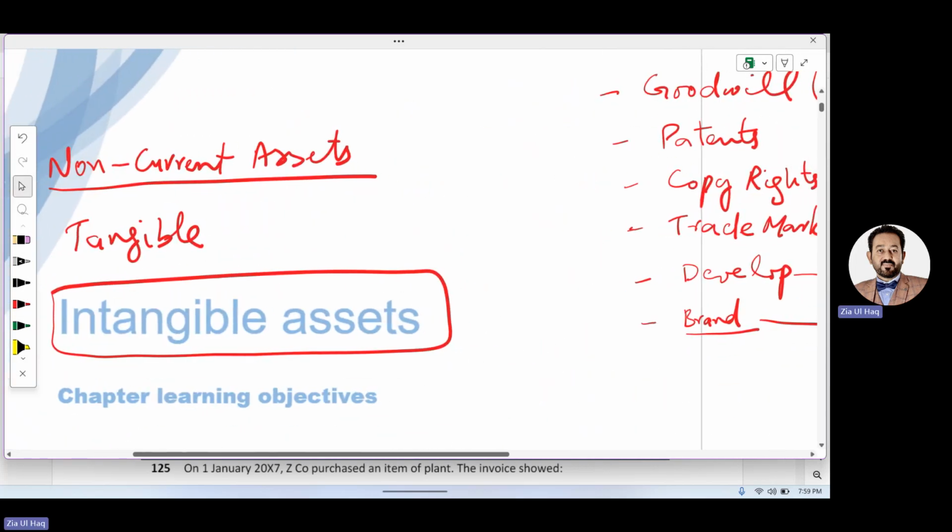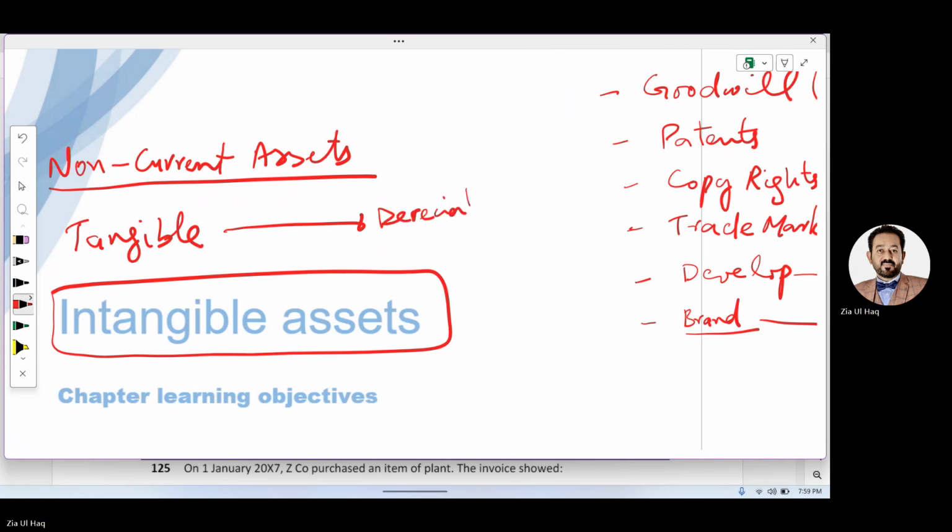The tangible asset we need to depreciate over its useful life. In a similar manner, intangible asset will also be depreciated over its useful life, but the word depreciation will be changed to amortization.